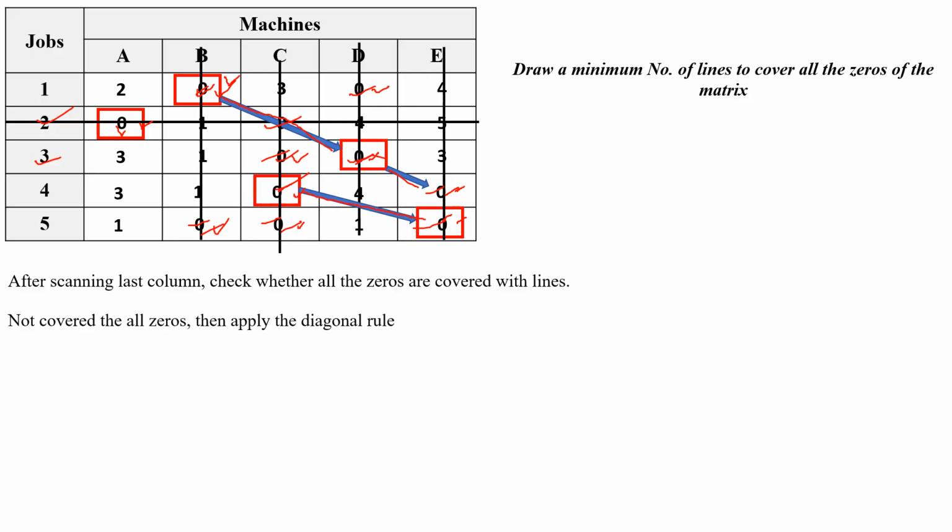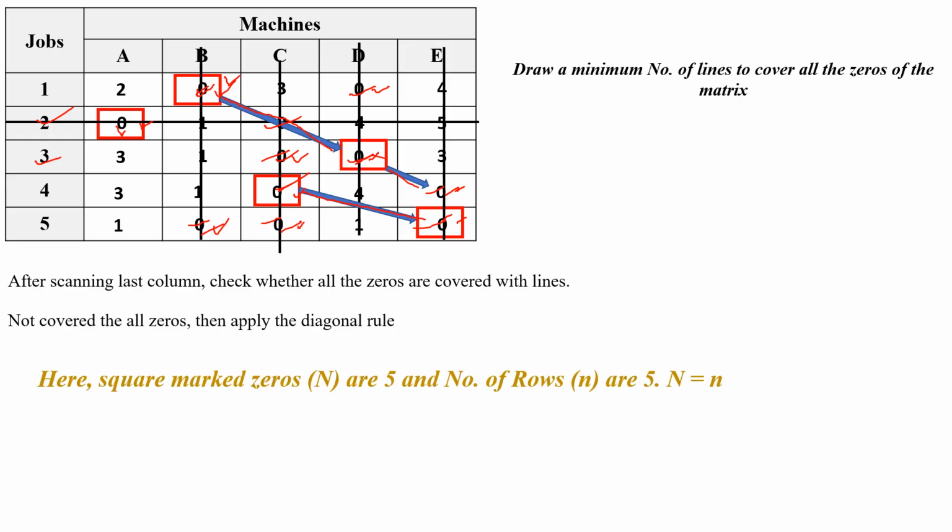Next here I observe that all the zeros are covered with the lines, so there is no need to go for the column scanning. Then I go to step 2, that is, observe whether the square marked zeros are equal to the number of rows. Here square marked zeros are 5 and the number of rows of the matrix is also 5.